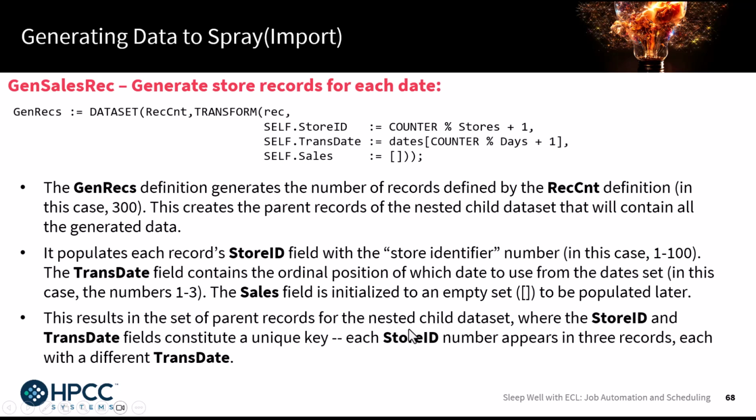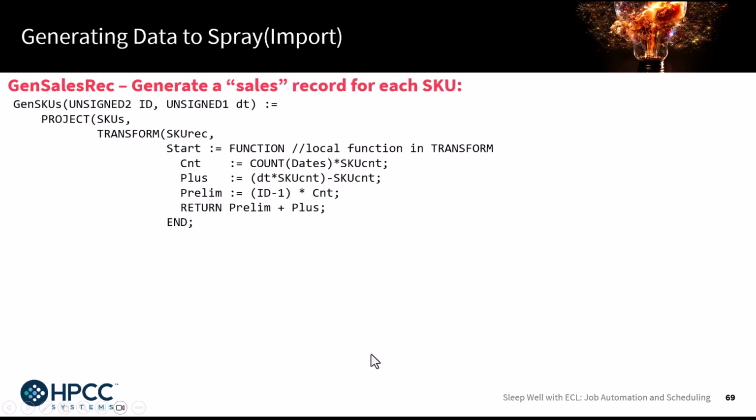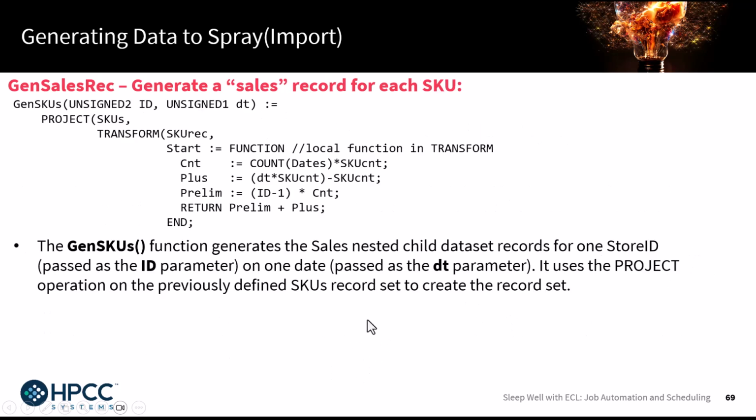The result is a set of parent records for the nested child data set where the store ID and the transdate fields constitute a unique key, and each store ID number appears in 3 records, each with a different transaction date, transdate. Here's a function called generate SKUs, which generates the sales nested child dataset records for one store ID, passed as the ID parameter, on one particular date, passed as the DT parameter.